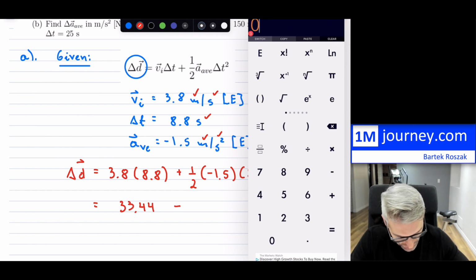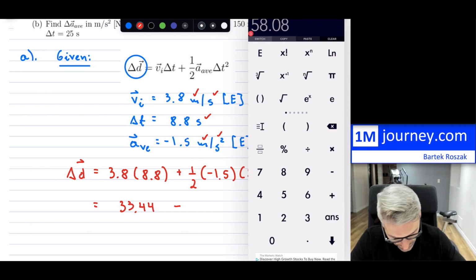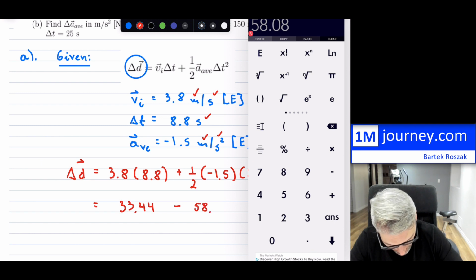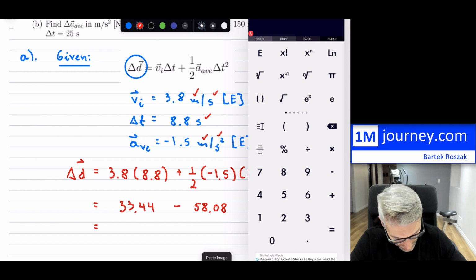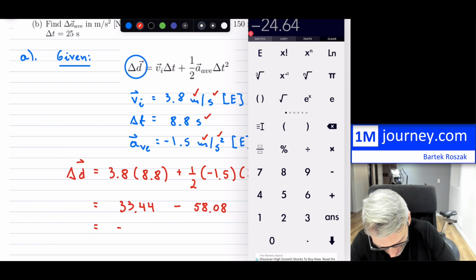And then I'm going to get 1/2, which is 0.5, times 1.5, times 8.8 squared. That will be 58.08. Now, if I take this, 33.44, and then minus the 58.08 that I have, this becomes negative 24.64 east.